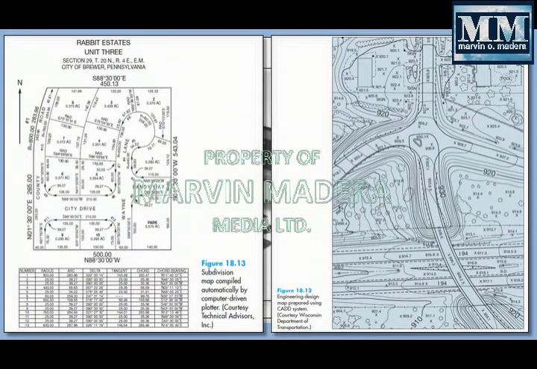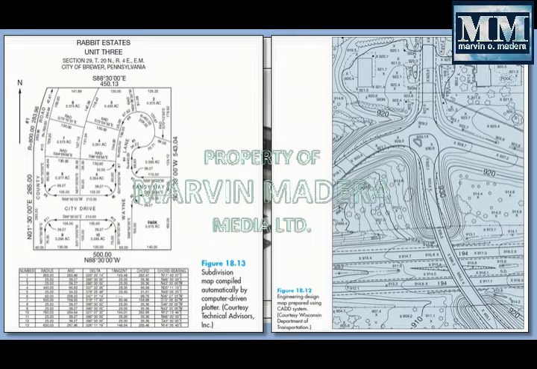Here are representations of the different types of maps that were made with the aid of the CAD system. One here is a subdivision map compiled automatically by a computer-driven plotter.